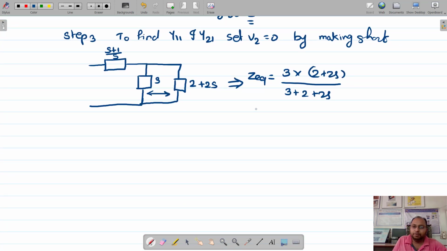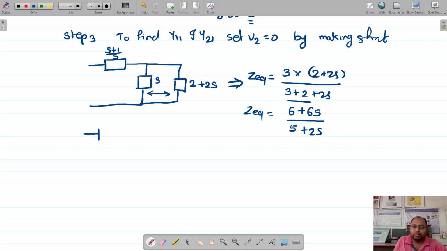After simplification, Z equivalent will be 6 plus 6s divided by 3 plus 2, which is added, so 5 plus 2s. That will be the equivalent resistor, and that will be in series with this S plus 1 divided by s.